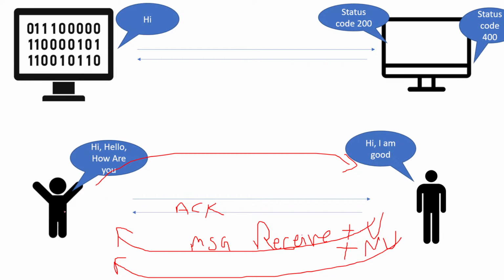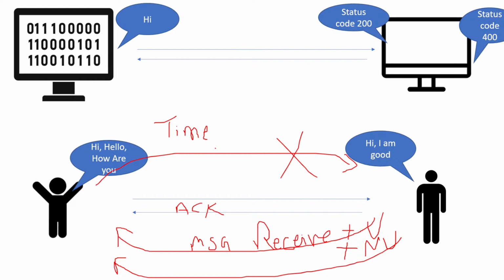Let's say the user has sent information and the message was not received, it is gone. So what will be the response? No response, no acknowledgement. It is called a timeout, basically. When you call out a person's name in a crowd and that person is not responding, we wait for some seconds, 1 second, 2 seconds, to get acknowledgement.